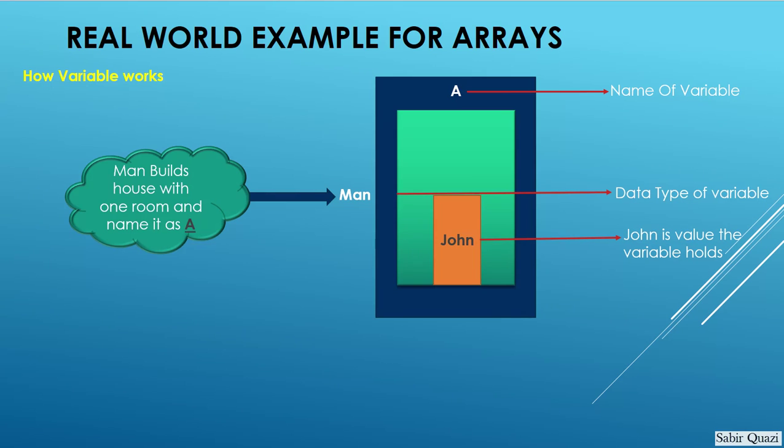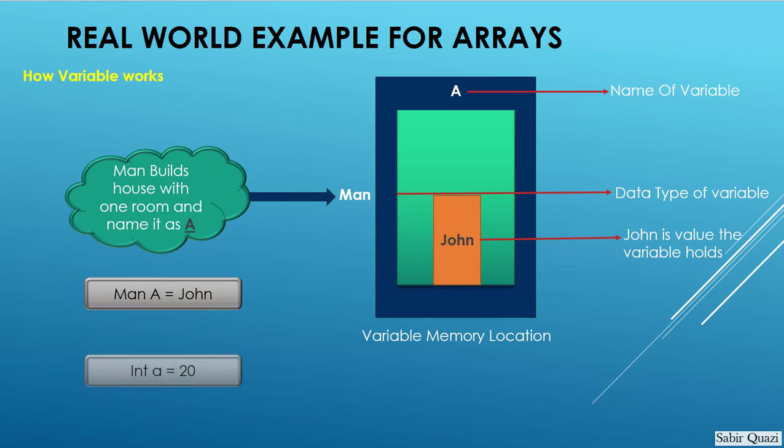So we can say this is a complete variable, and if we want to access, then we can say man A is equal to John. That means A's data type is man and the value it holds is John. Similarly, in our programming, we can say A is a variable which has a data type integer which holds a value 20.